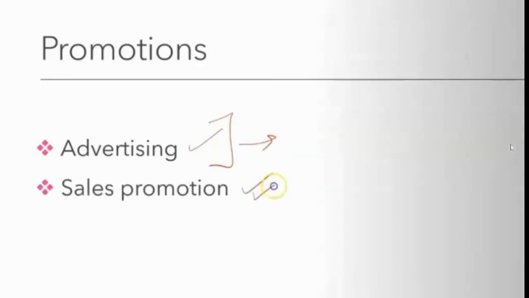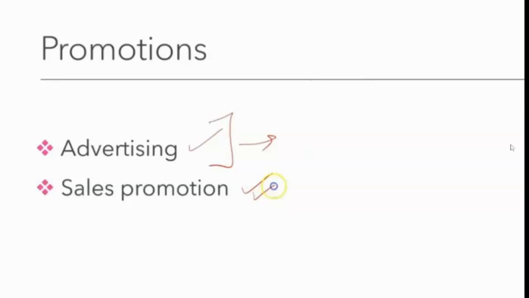Let's move to the next one, and that is called promotion. The first element is called advertising. What is advertising? We all know TV advertisement, social media advertisement, radio advertisement, newspaper advertisements. Advertisement is one of the best methods of promoting your product if you have money. If you have a budget, this can be very, very helpful.